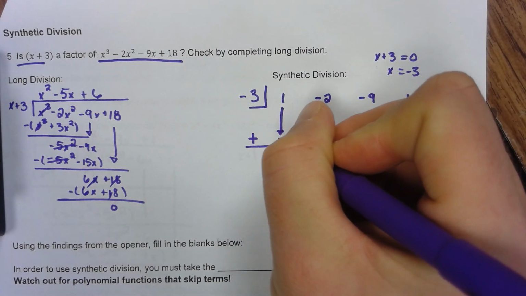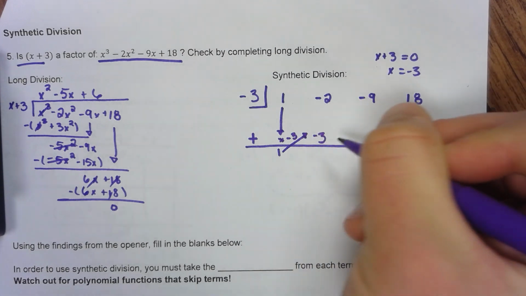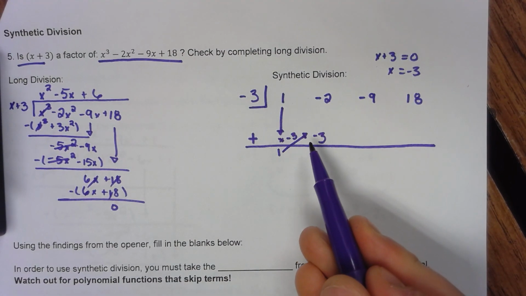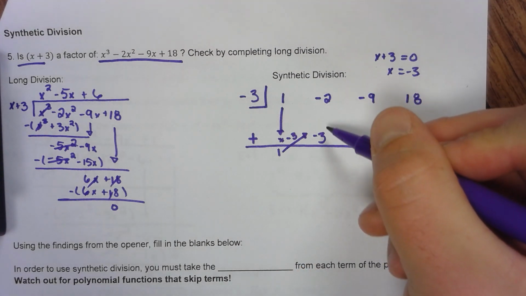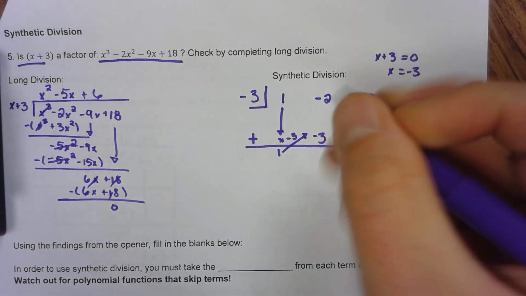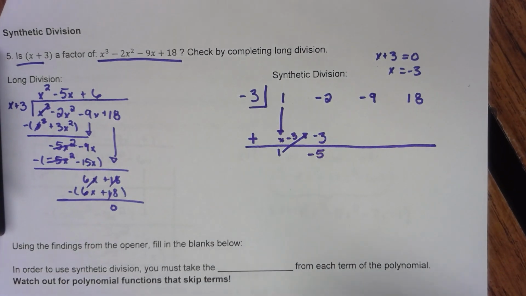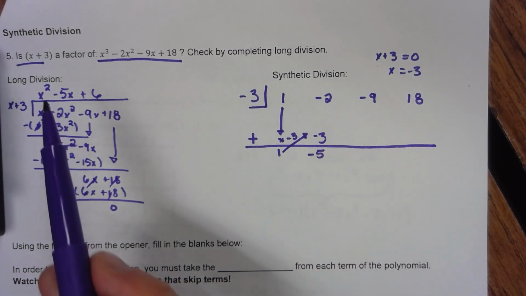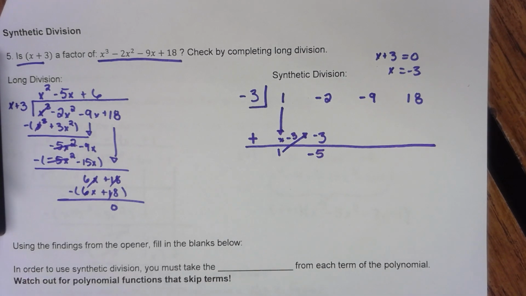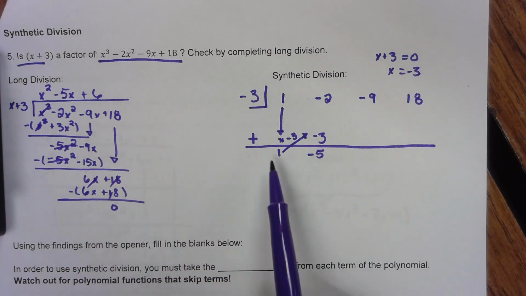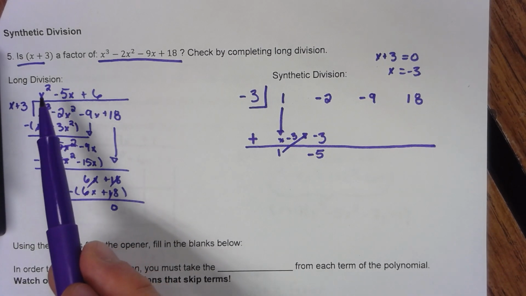So I'm multiplying 1 times -3 to get -3. And then we add these two numbers. So -2 minus 3 is -5. Do we see a -5 somewhere in our quotient for the long division? Yes, that's referring to that same -5 there. This 1 is referring to that 1 in front of the x squared.